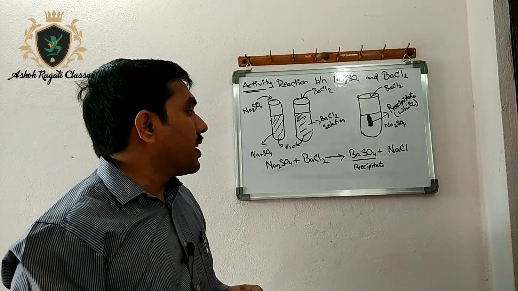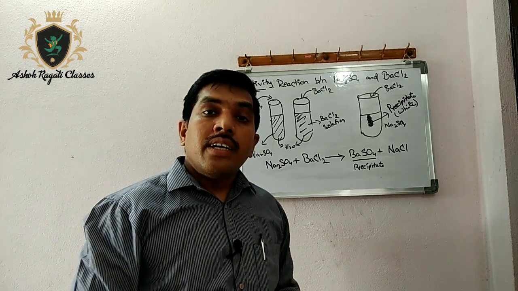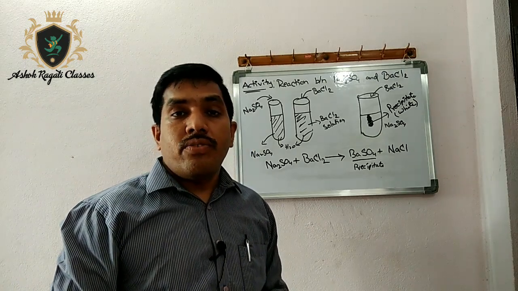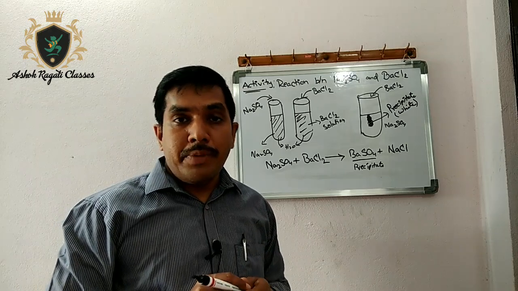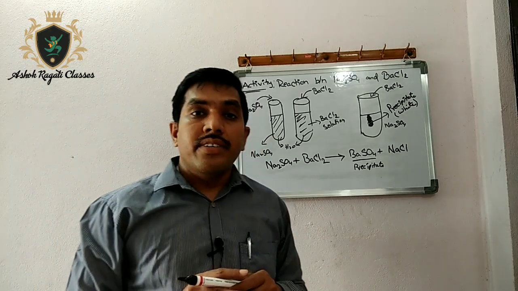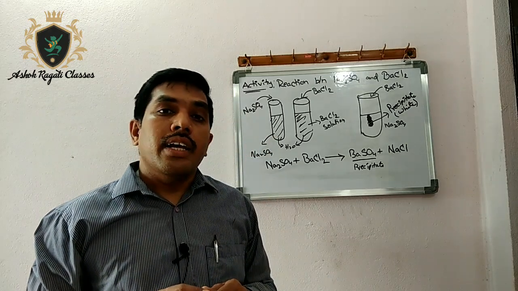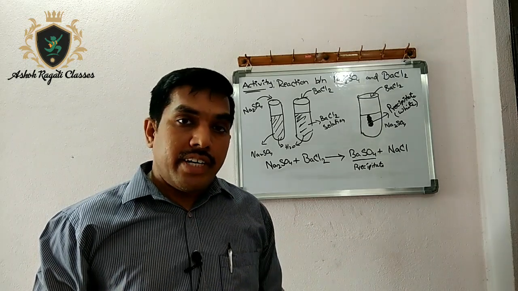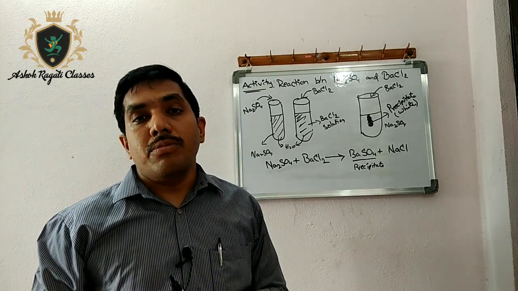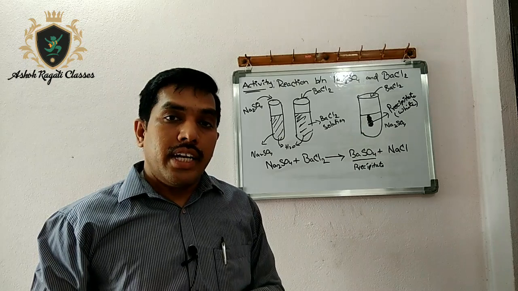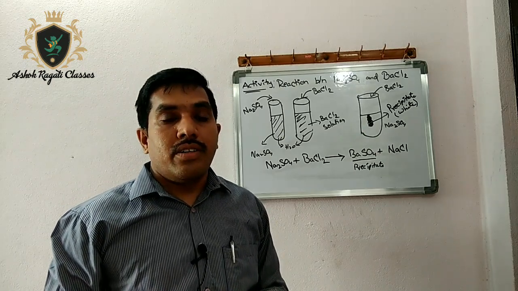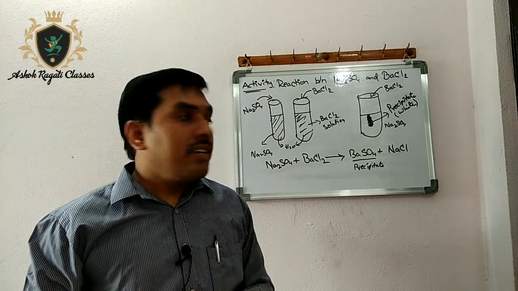In this reaction, we observe that in a chemical reaction there is a chance of forming a precipitate. A precipitate is a substance which is insoluble in a liquid, in the available liquid.